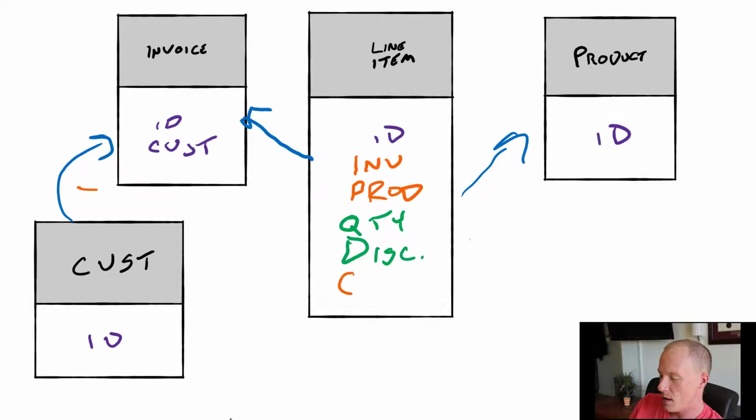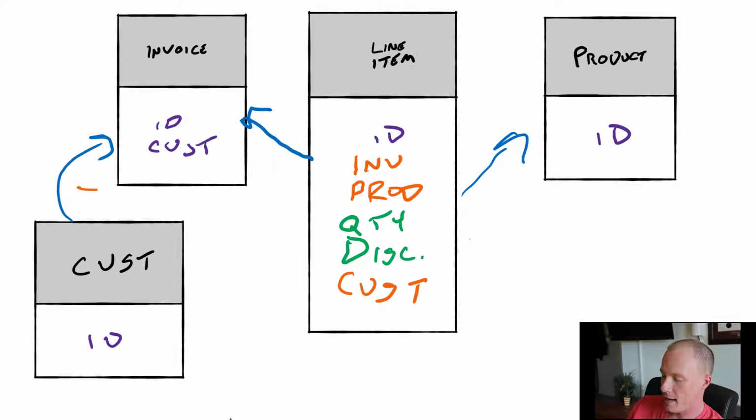So we can add in an additional field on the line item, which is essentially a shortcut. So instead of jumping through the invoice first, we directly jump to the line item and product.